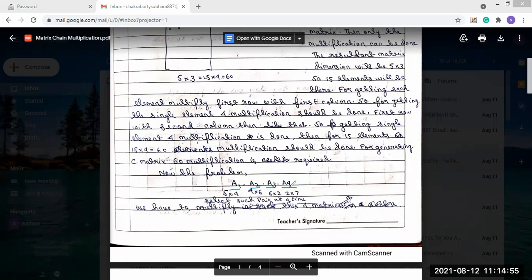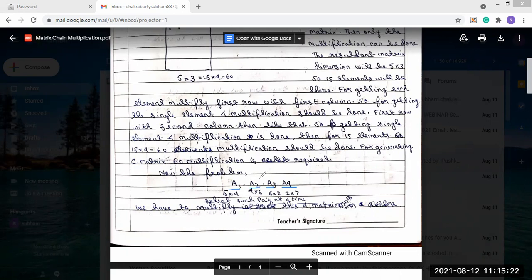This is one way it is possible. Or the other way is, we multiply A1 and A2, and we multiply A3 and A4, and then we multiply both resultants. Like this, many ways are possible.